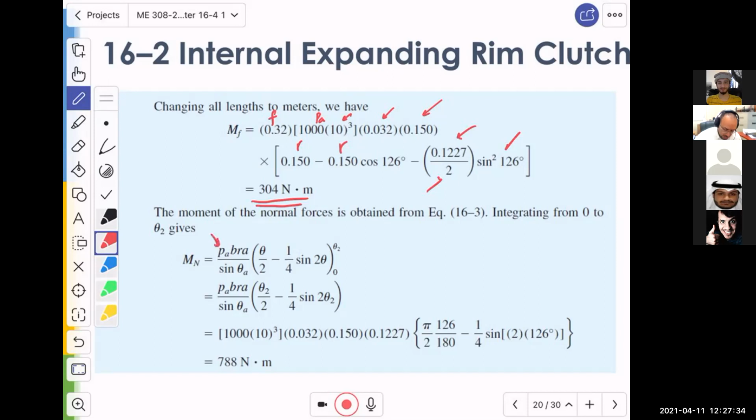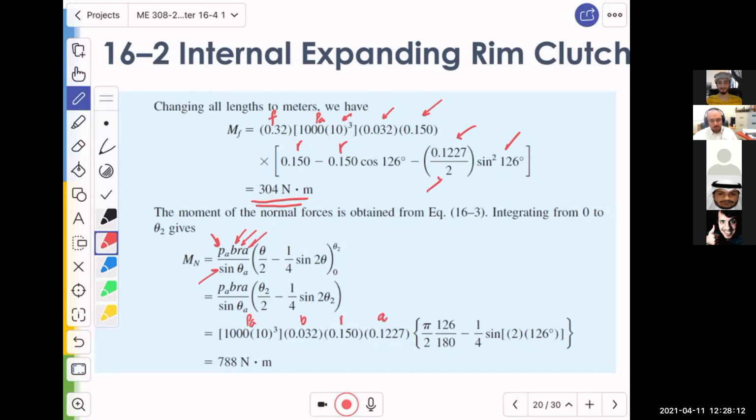So we have PA, that's 1000 kilopascal, multiplied by B, which is 32 millimeter, multiplied by R, which is 150 millimeter, multiplied by A, which is 122.7 millimeter. But we need to convert these into proper units, meter and Pascal. So this is PA, this is B in meter, this one is R in meter, this one is A in meter.